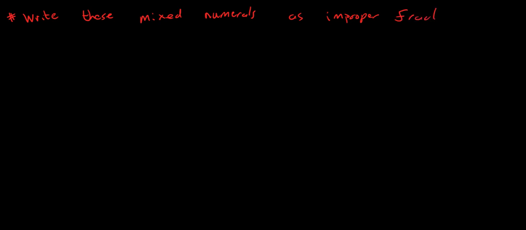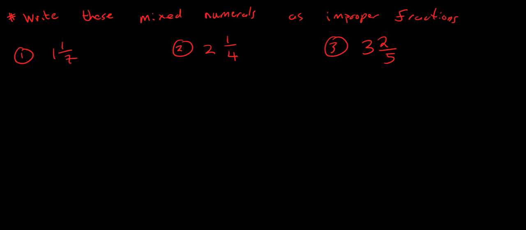Okay, so write these mixed numerals as improper fractions. Let's do 1 and 1/7, 2 and 1/4, 3 and 2/5.